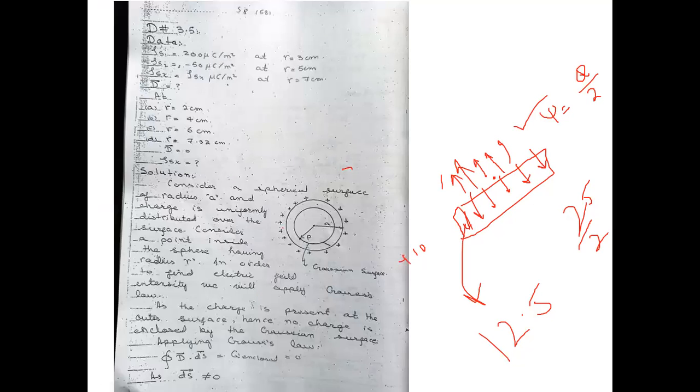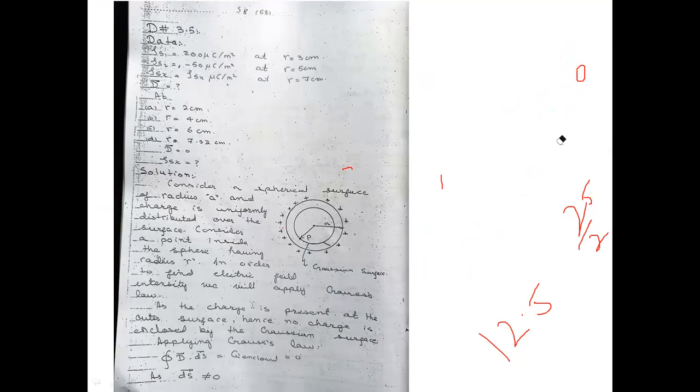Now we have a next example, and that is the homework for you. Now this is simple. Actually we have rho s1, rho s2, and rho sx, three surface charge densities. The rho s1 has a radius of 3 centimeter, rho s2 has a radius of 5 centimeter, rho sx has a radius of 7 centimeter, and we have to find the D at different points.